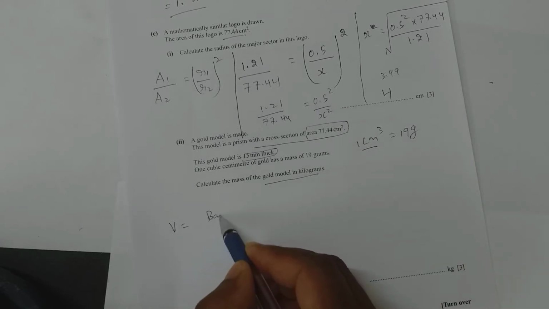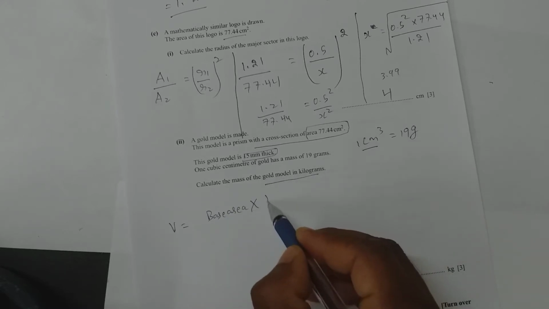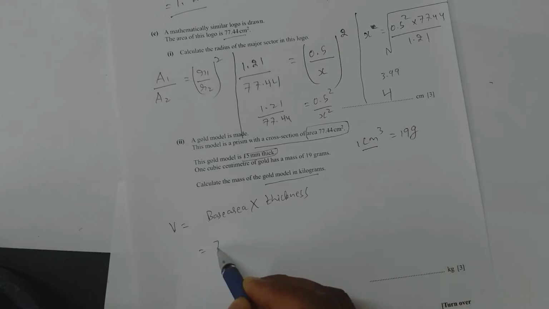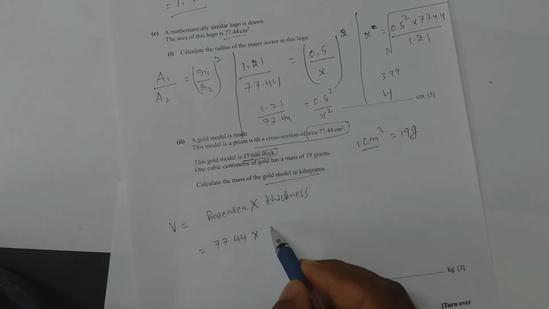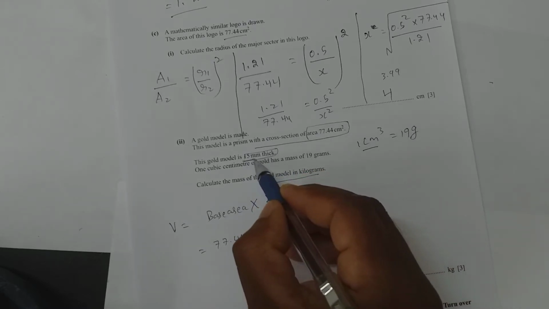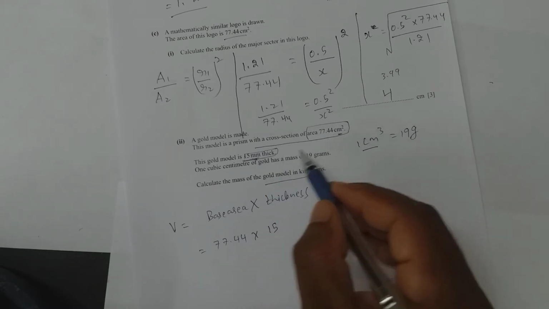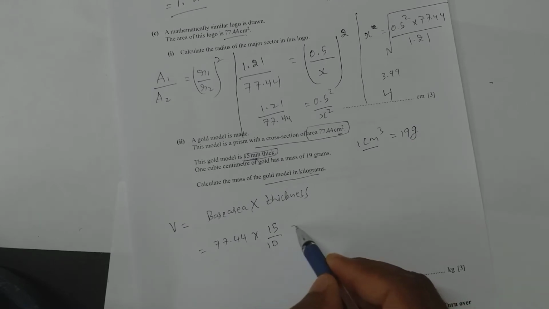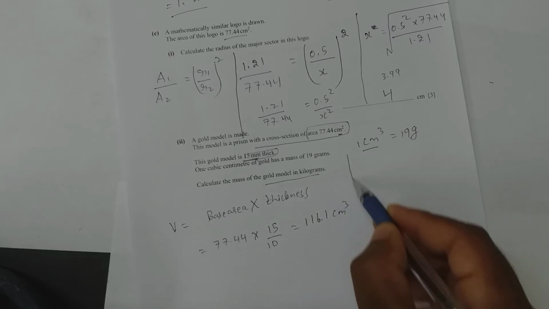So volume is nothing but base area into its length, or I can even call it thickness. Which is nothing but 77.44. Thickness is 15. But the units are not same. Here it's in millimeters, here it's in centimeters. So to change millimeter to centimeter divide by 10. So this will result in 116.1 centimeter cube.